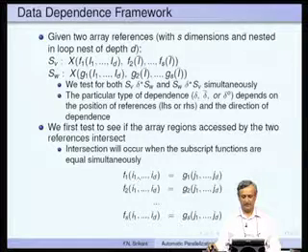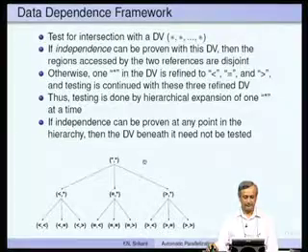So, the subscript functions must be equal simultaneously, only then there is going to be an intersection. For all the subscript dimensions, the subscripts must have equal values, f1 equal to g1, f2 equal to g2 etcetera, fs equal to gs. So, this must happen with the same values of I1 to ID, otherwise the intersection cannot happen.